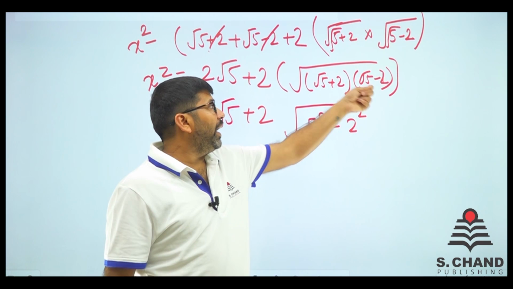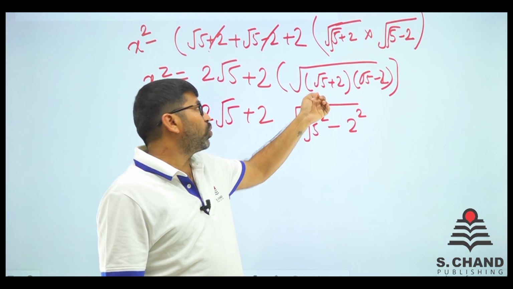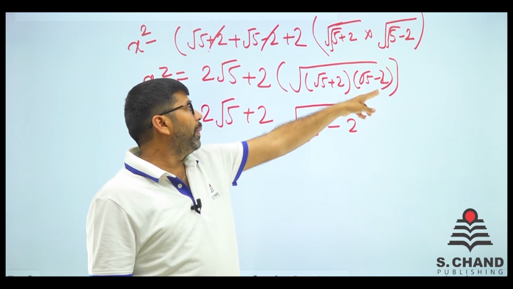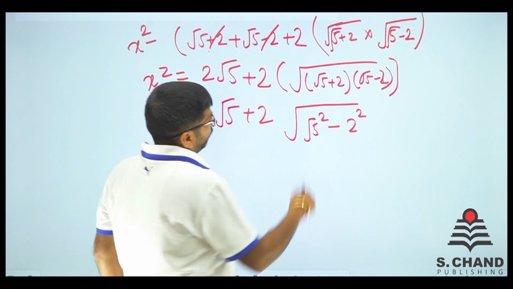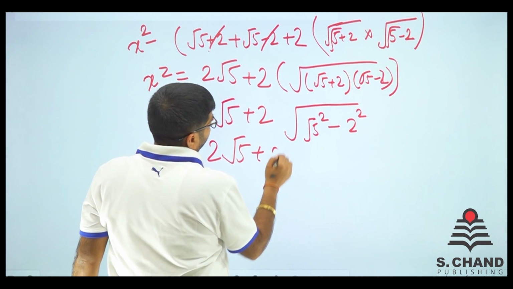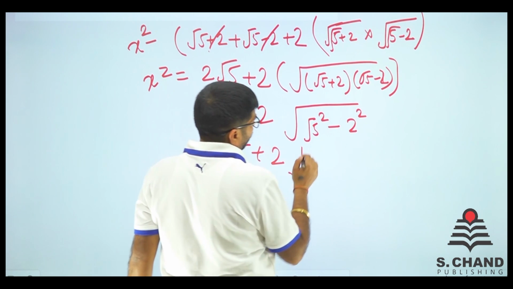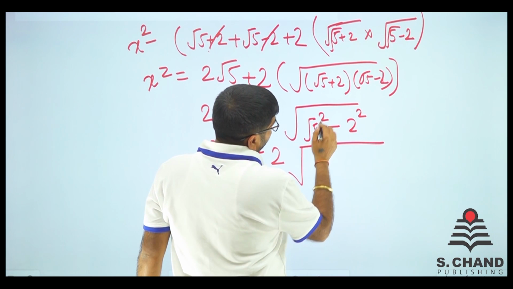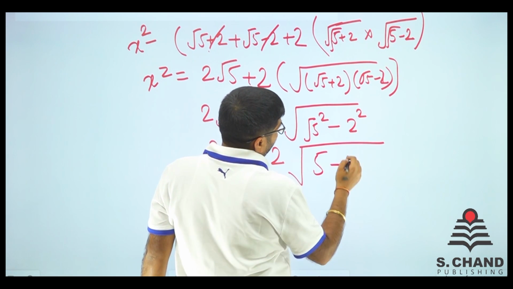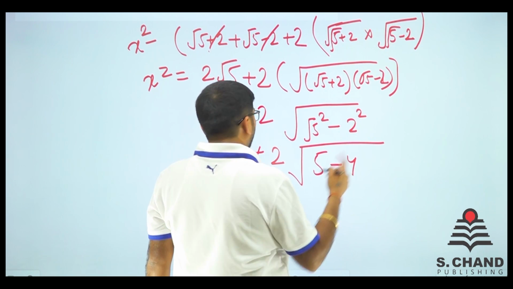Because (a plus b)(a minus b) equals a square minus b square. Here a is root 5 and b is 2. So under the root, 5 remains and the square of 2 is 4. 5 minus 4 is 1.